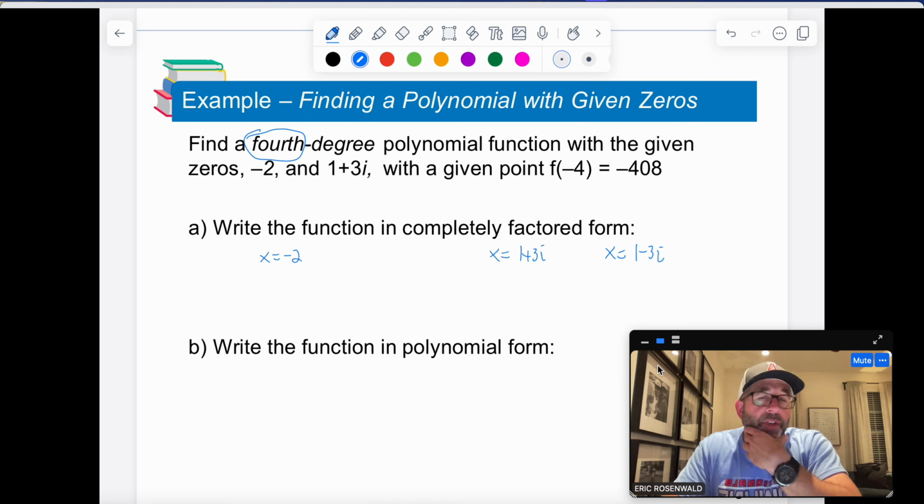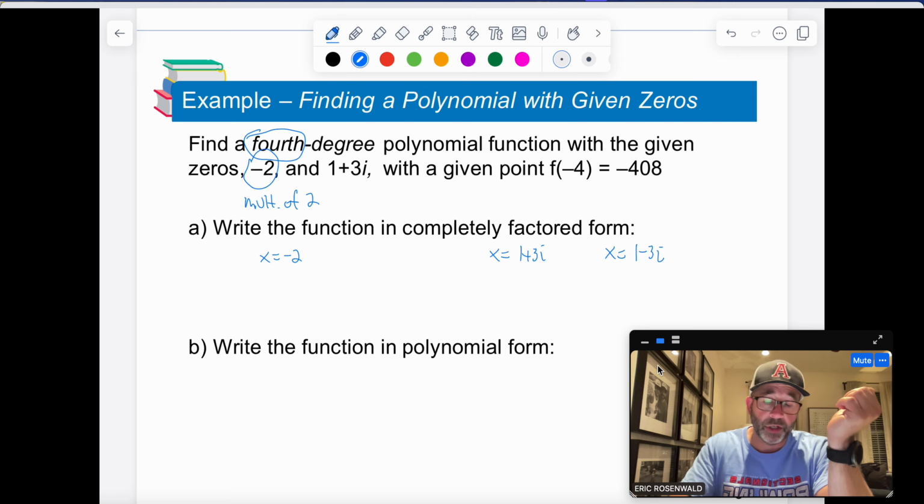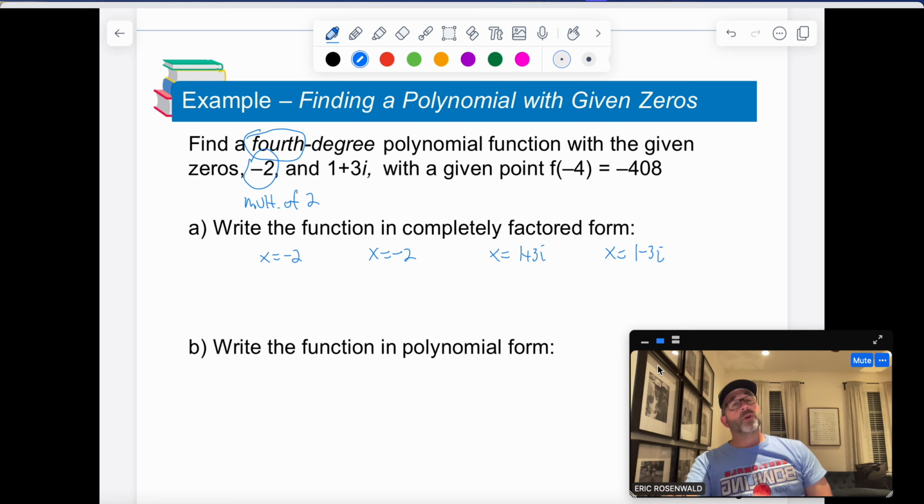The only zero that they don't tell us, because it's actually repeated, is if this negative 2 has a multiplicity of 2. That means we're going to have in our picture a turning zero that's going to take place. So these would be my 4 zeros that we're going to use.